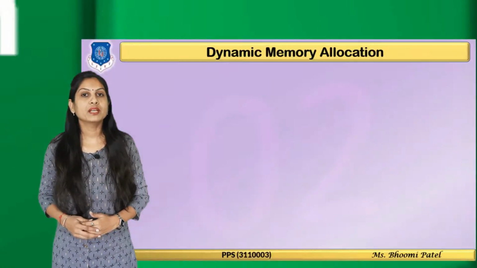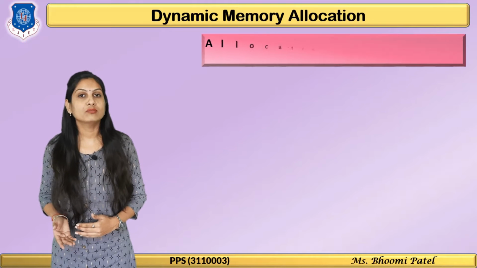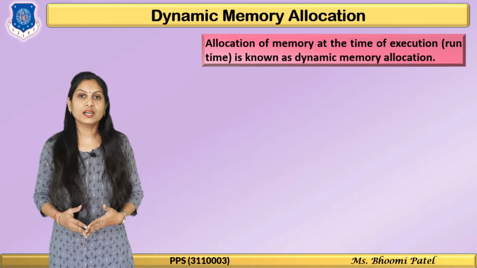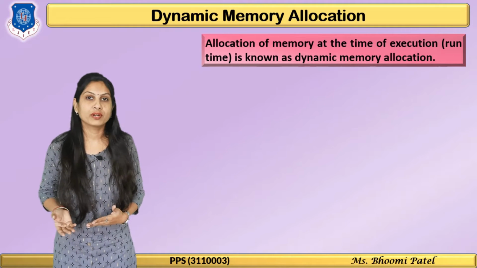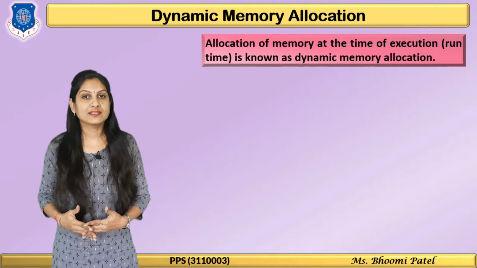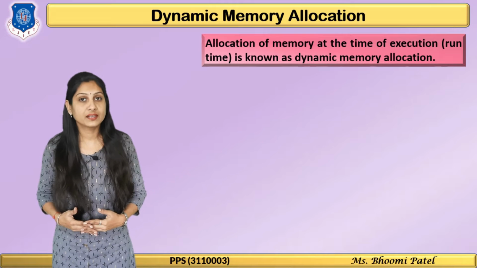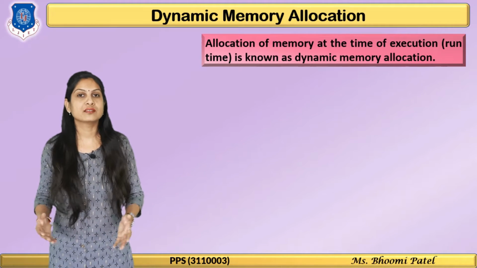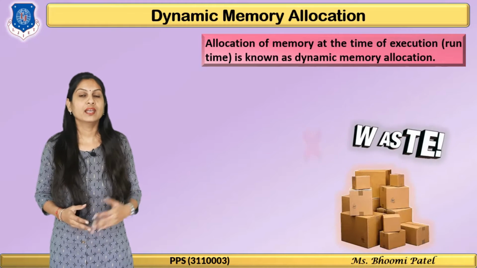In dynamic memory allocation we can allocate memory at runtime instead of compile time. When we are executing our program, that is the execution time, or we can say runtime, at that time we allocate the memory, so there is no wastage of memory in this concept.